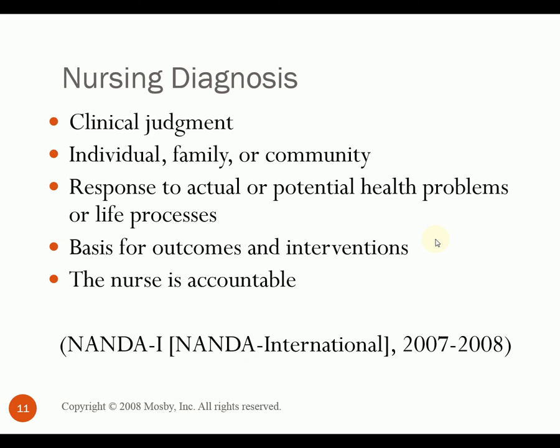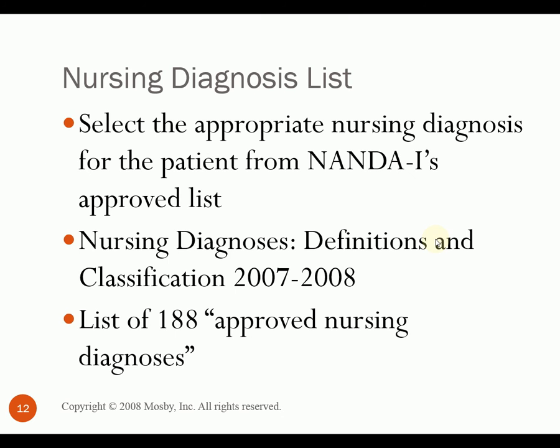So when we go to do our clinical reasoning tool, we have to have a basis for our outcomes, which are going to be our nursing goals, short-term and long-term, and then our interventions for those goals. It all has to go back to the nursing diagnosis. What is the problem? What do I want to happen? And how can I get it to happen? And the nurse is going to be held accountable for doing this nursing diagnosis correctly.